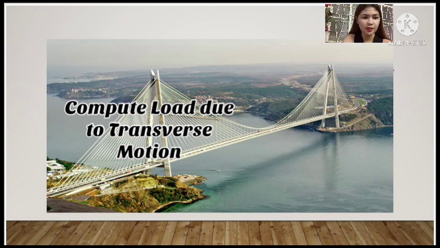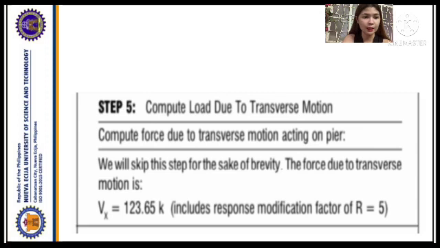So, we got Vy for the tie column. We will skip this step for the sake of brevity. So, Vx is equal to 123.65 K. This includes a response modification factor of R equal to 5.